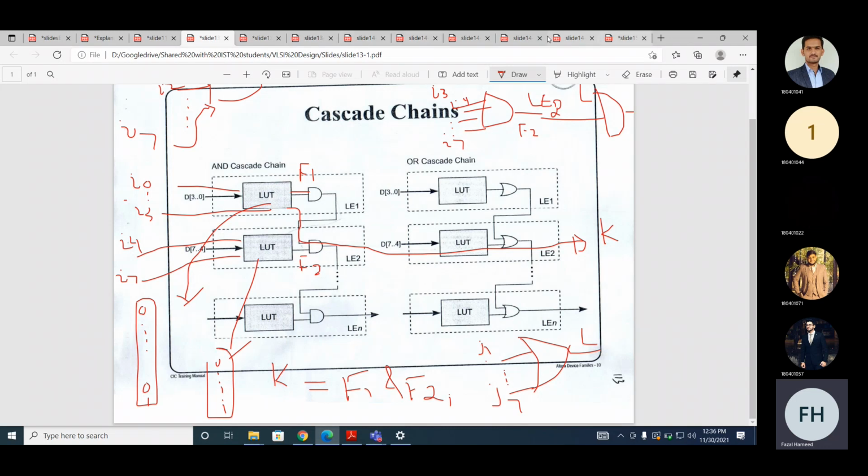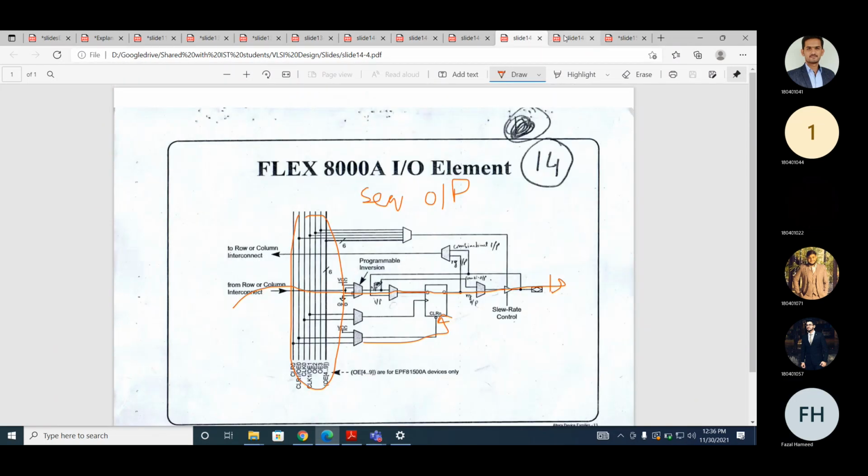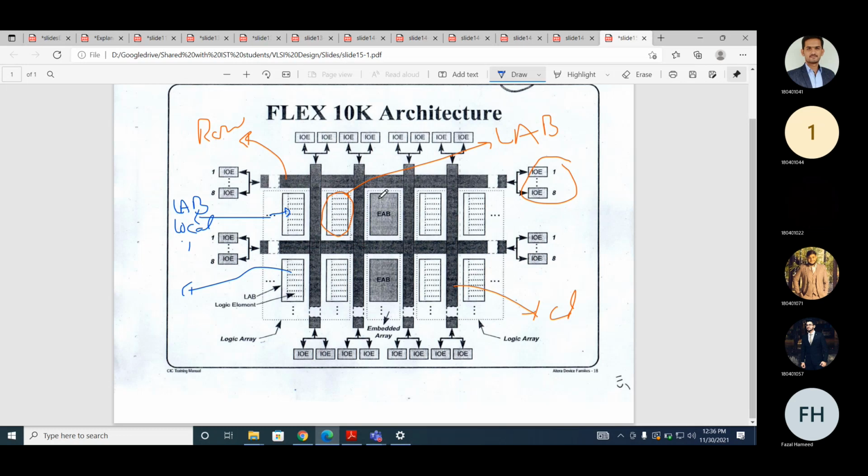Okay, so now if you look here, we have the Flex 10K architecture. This Flex 10K architecture consists of I/O elements, logic array blocks, row fast track interconnect, and column fast track interconnect.